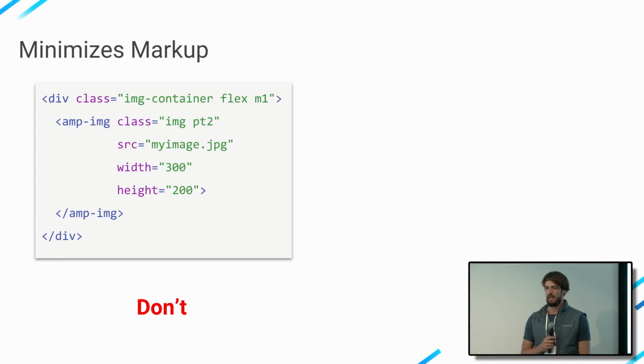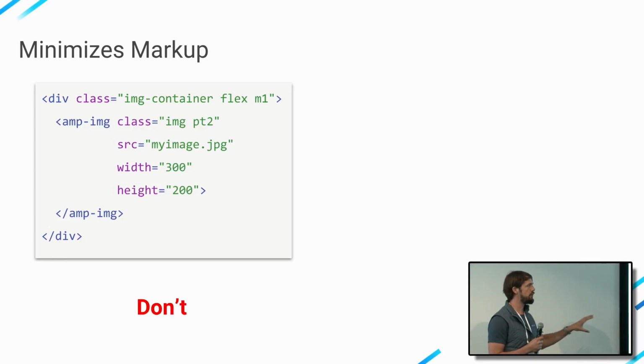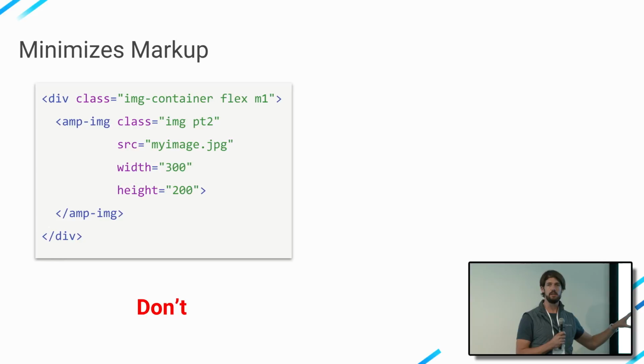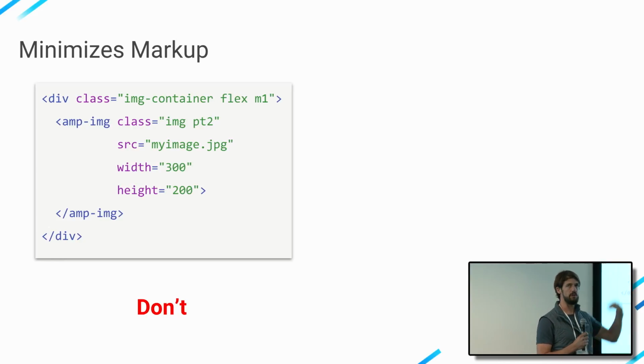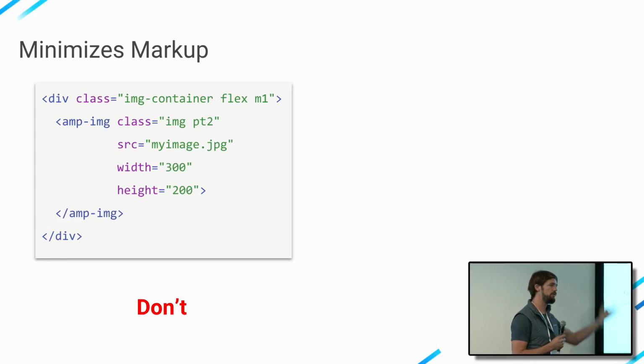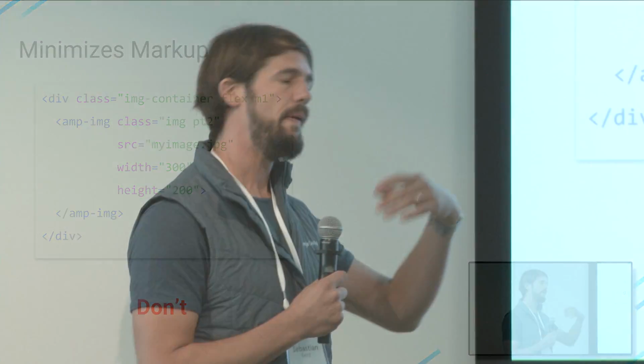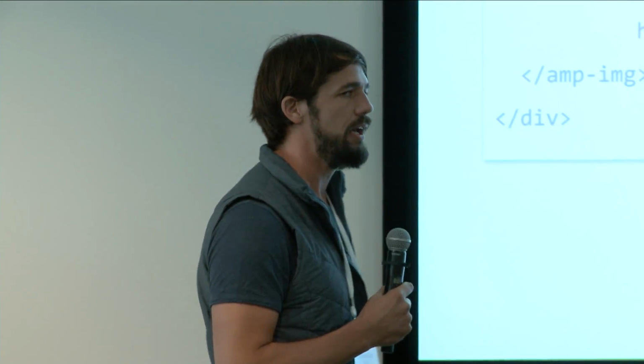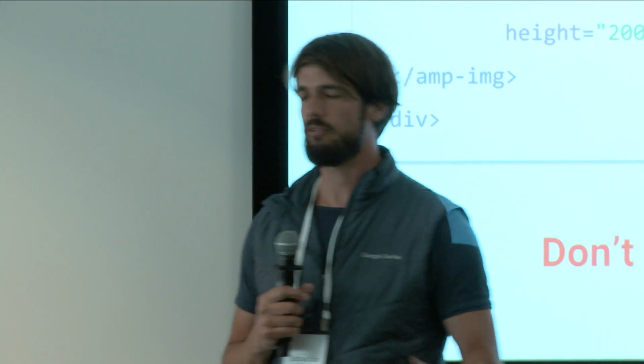And even though it's a really good idea to use this approach in production, it's a terrible approach for writing a sample, because if someone wants to copy paste this, they then have to sit down and clean up everything. They have to remove the unnecessary div, they have to remove the style classes that they don't need, and it just makes it harder to understand and harder to use.